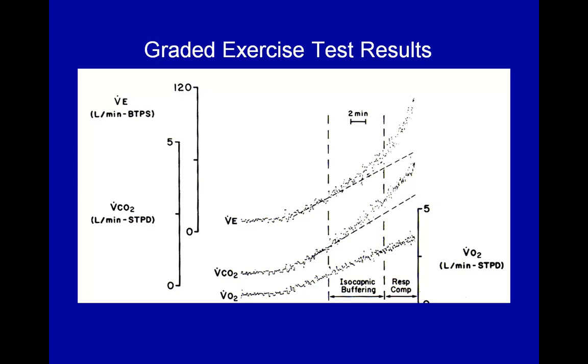So 40 times my 5 liter FEV1, I should be able to ventilate 200 liters a minute. But I may only get to approximately 120 liters a minute of minute ventilation, as we have on this scale, when I say, hey, I quit, I give up, I can't do any more exercise. So I have a significant ventilatory reserve that I don't even tap into. The normal lung does not limit exercise capacity.